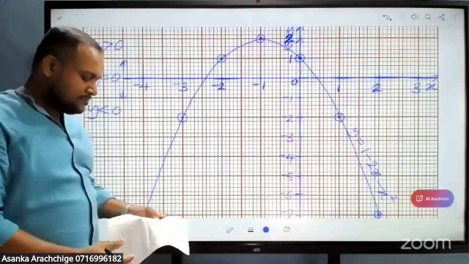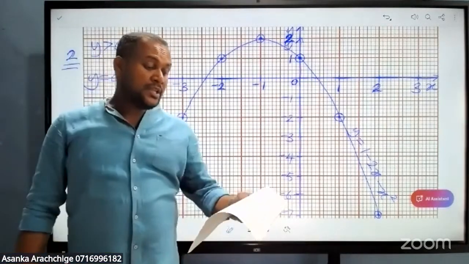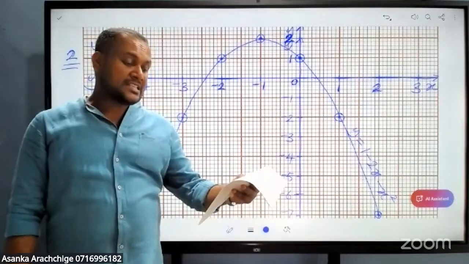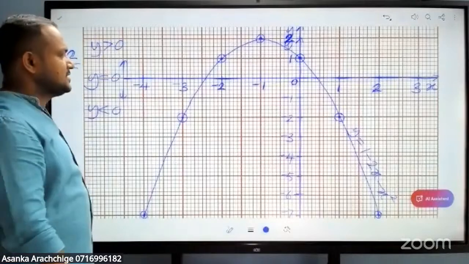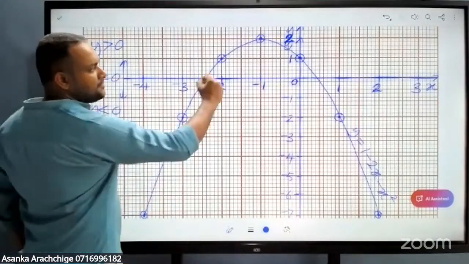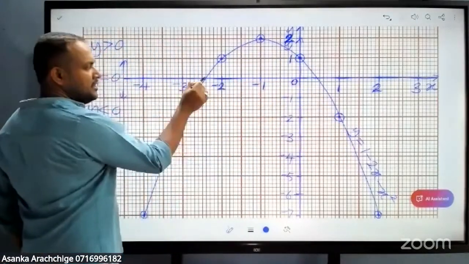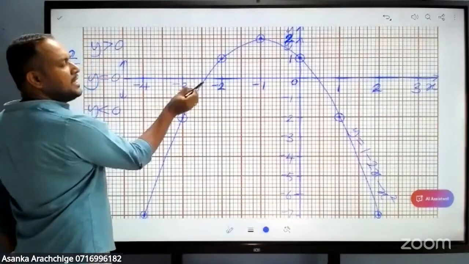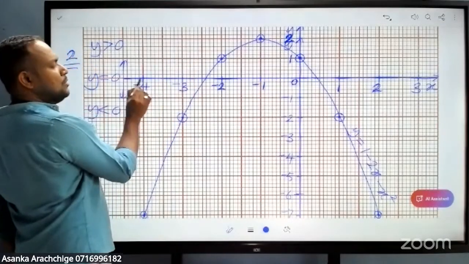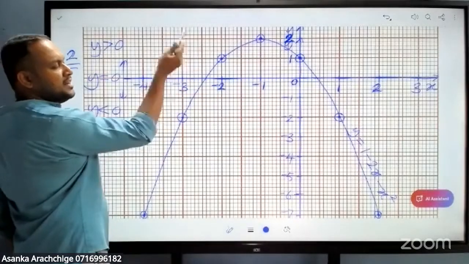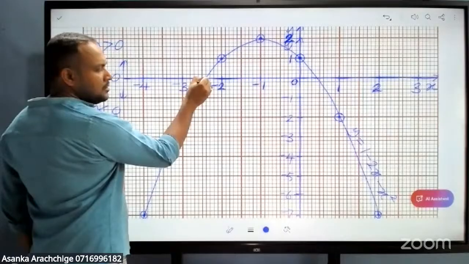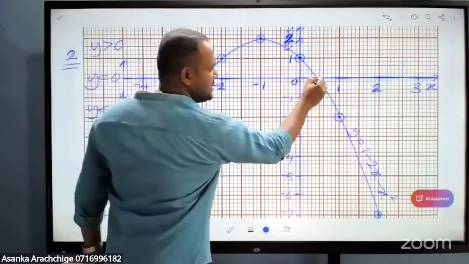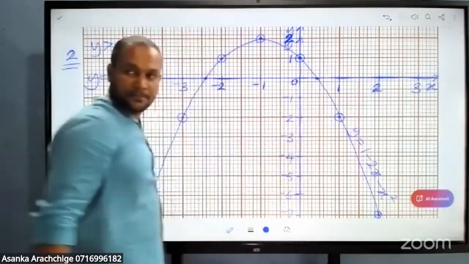The question: write down the interval of values of x for which y is greater than 0. This is the function, right? Above this x-axis, y is greater than 0. It happens from this point to this point on the x-axis.